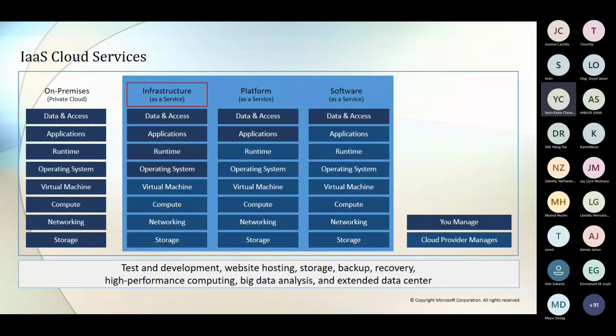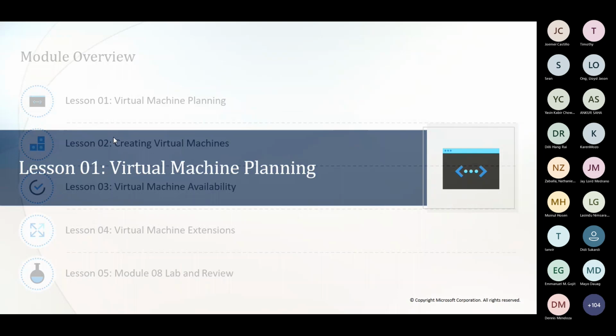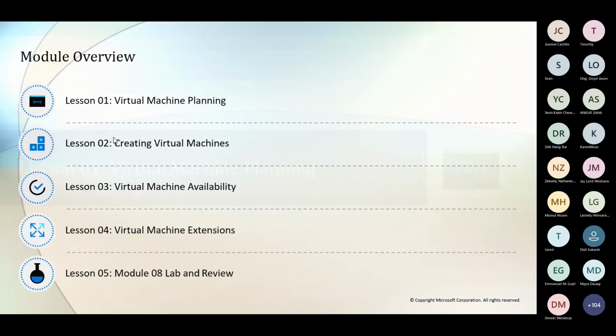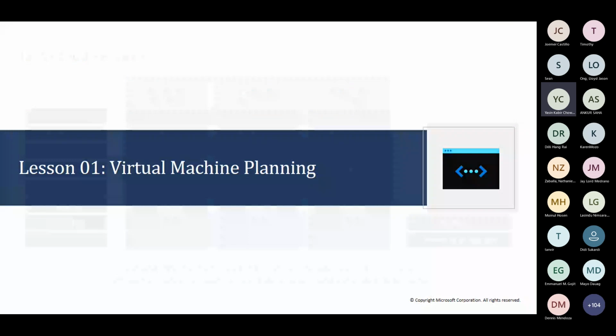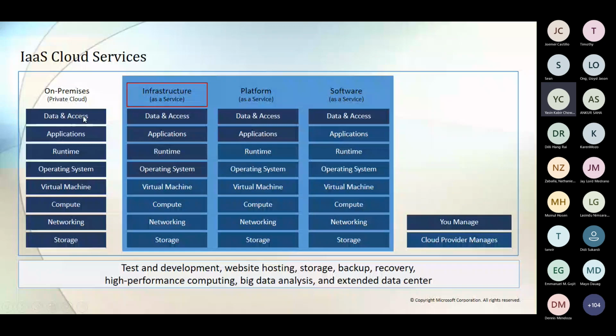As you know, in on-premises, like private cloud, all are managed by the user. What are those? Data and access, means what data you are giving and how you may access them. Applications, what type of applications you will be hosting in your premise. Runtime, how we will make the runtime, from which time to which time we will run the machines or data center.